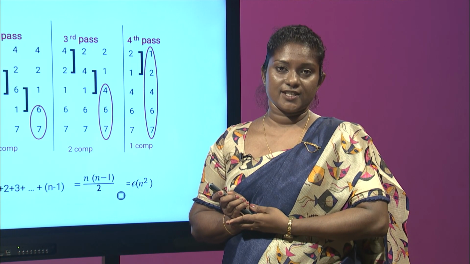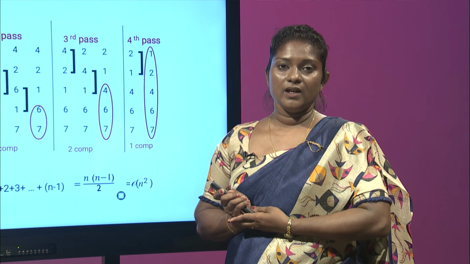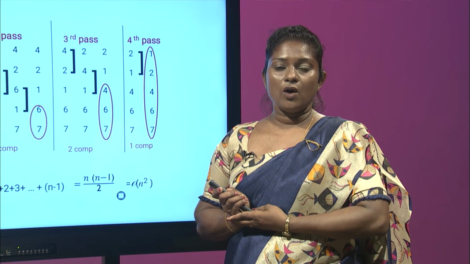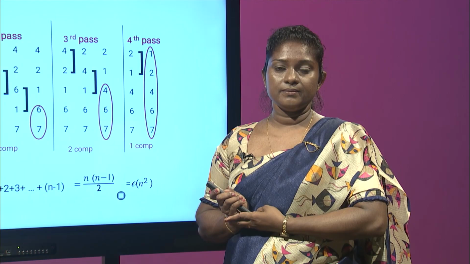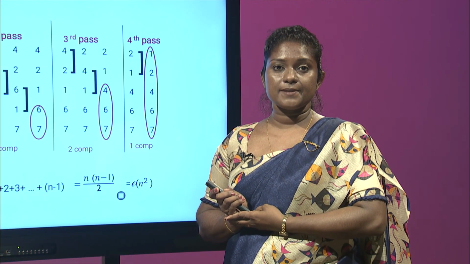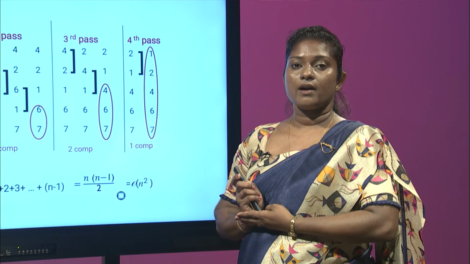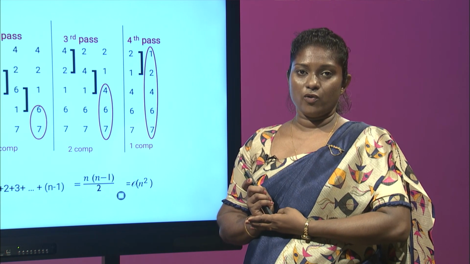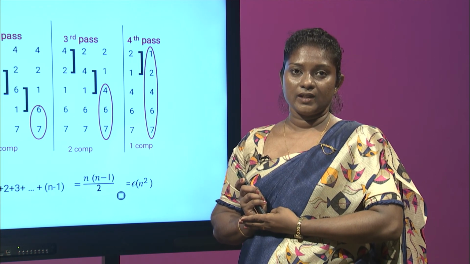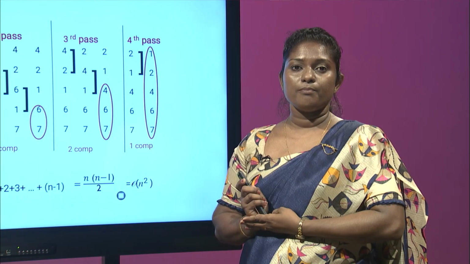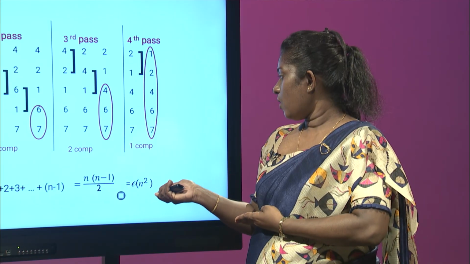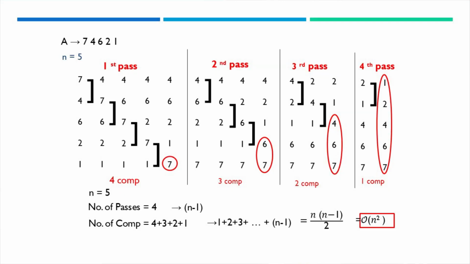My dear students, the time complexity of a given sorting algorithm is expressed by the number of comparisons. Therefore, here the time complexity of bubble sort is order of n squared.